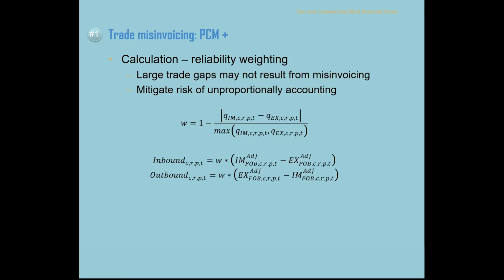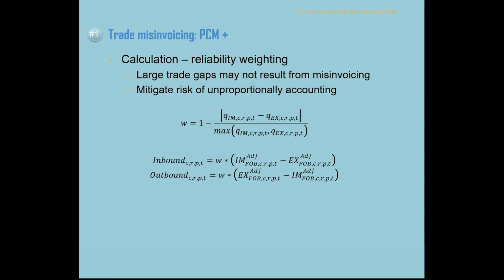Now, before we move ahead to the final calculation, we have mentioned that the so-called reliability weighting procedure should be applied. What we are essentially doing in this step is looking at the trade gaps that have been observed, those asymmetries. In the cases where we have large trade gaps, there may be a higher doubt that they would be resulting from misinvoicing.